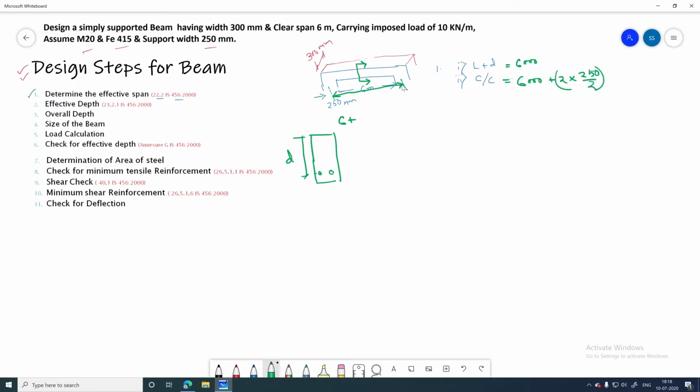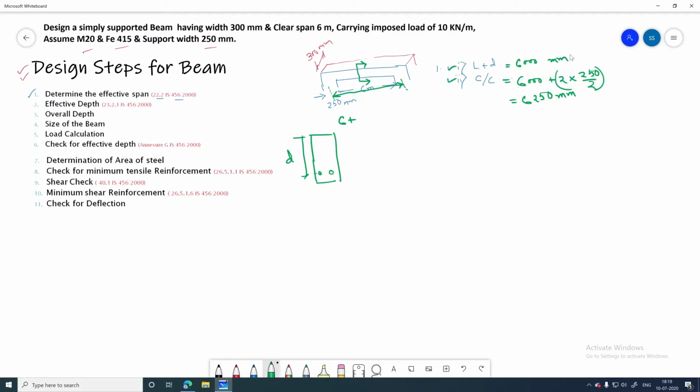Because the support width is 250, on both sides we add half width, so it will be 6250 mm.